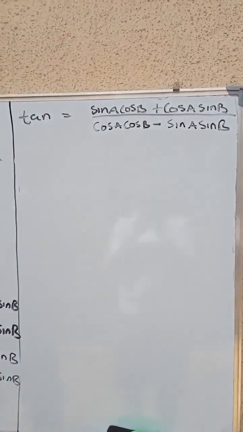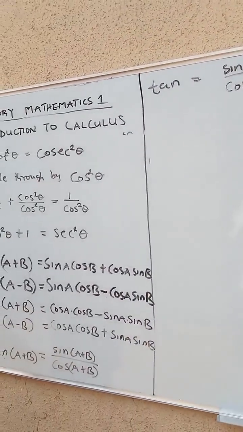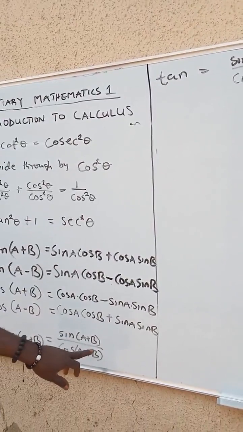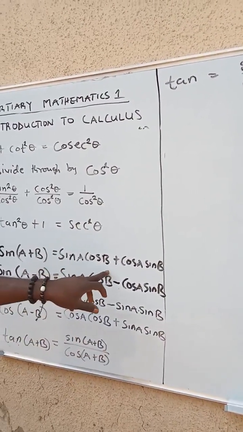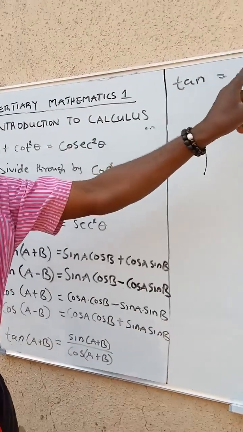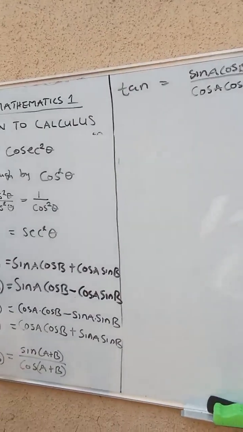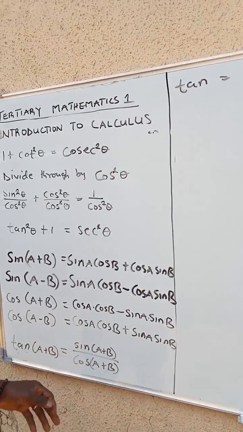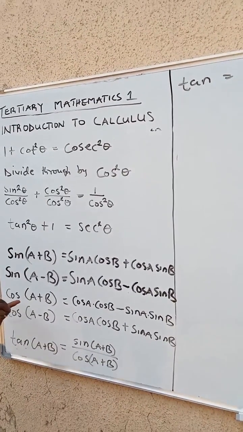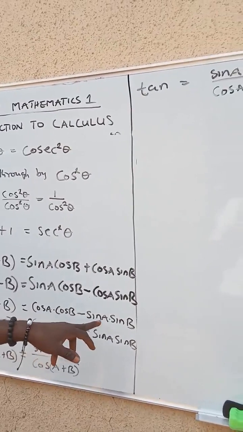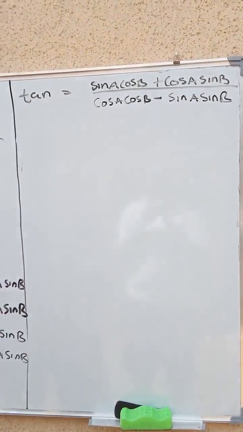And what I repeated is the same thing here. Sin A plus B is sin A cos B plus cos A sin B, all over cos A plus B, which is cos A cos B minus sin A sin B. Good.